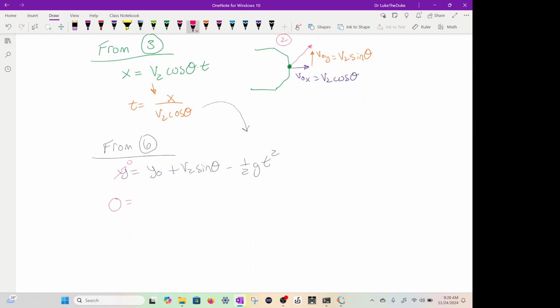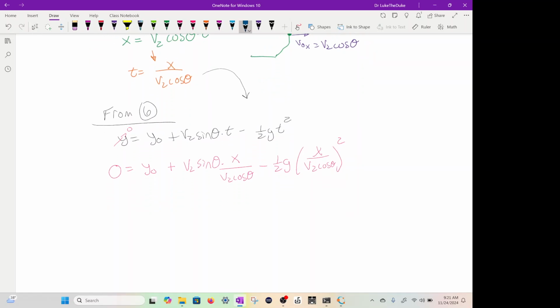So we get 0 equals y naught plus v2 sine theta times x over v2 cosine theta, minus 1/2 g times x over v2 cosine theta, all squared. Oh, I forgot, sorry, this is times t, right? I hope you caught that.